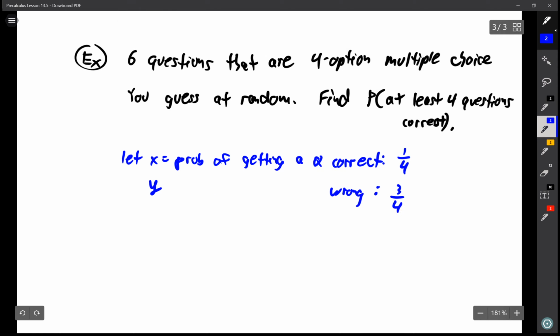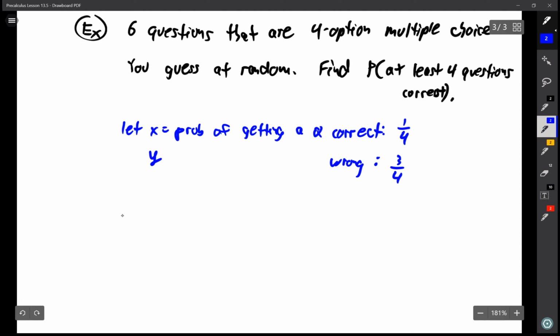So then what we want to find is there are 6 questions. So what we're dealing with here is an x plus y to the 6th situation. And what we care about is the terms where they get all of the questions correct. So that'd be your x to the 6th term, or 5 questions right and 1 wrong, that would be your x to the 5th y term, or 4 questions right and 2 wrong.